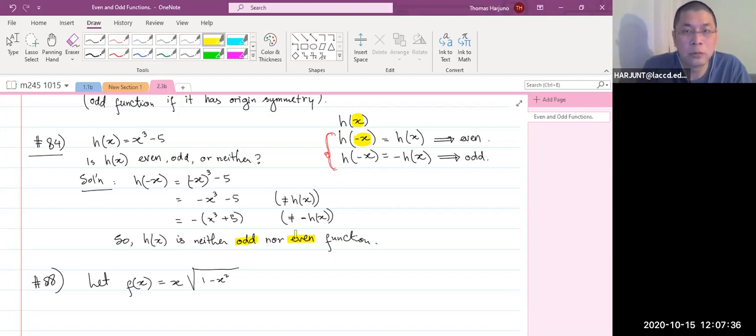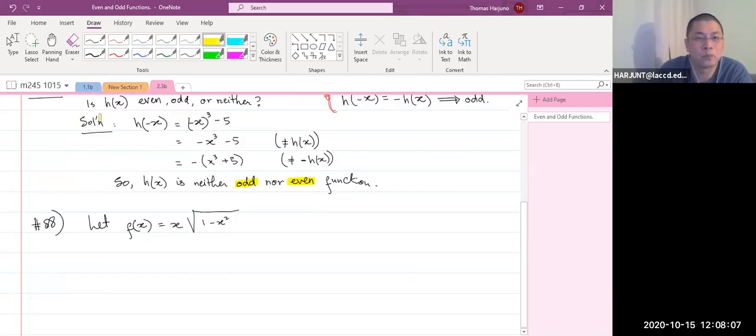The observation about symmetry in our class right now is no longer by looking at the graph. If you already graphed it, there's no point for us to ask about the symmetry or anything. You already have the full picture. But what if we don't have the picture? What if we don't have the graph? Can we find out about the symmetry? Then we do these kind of things.